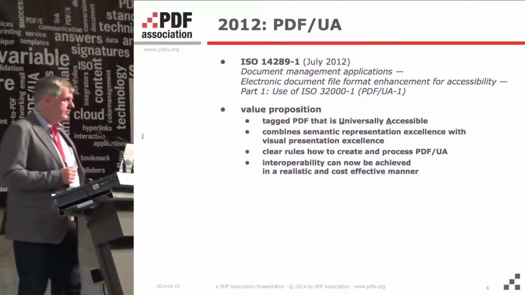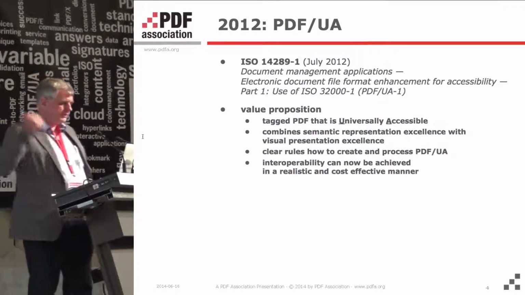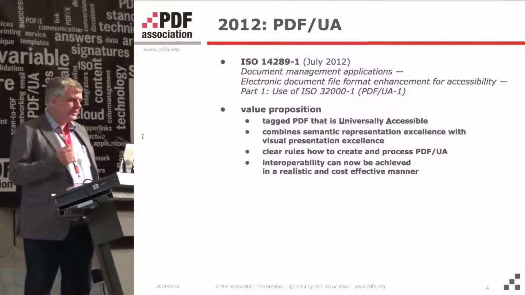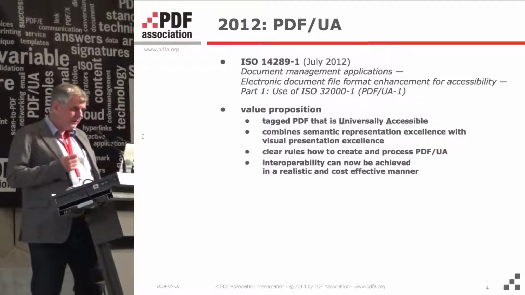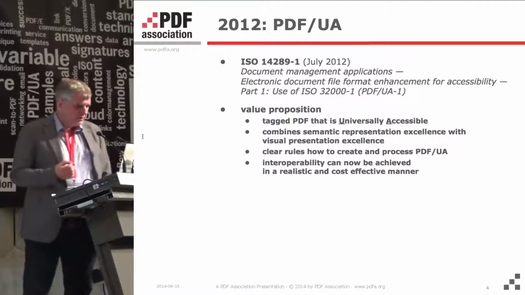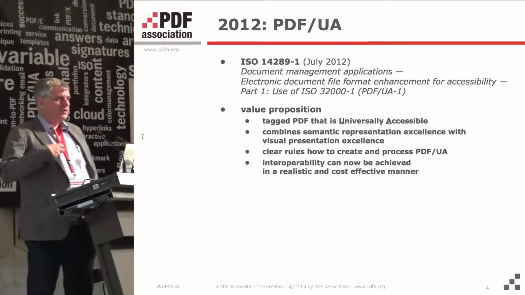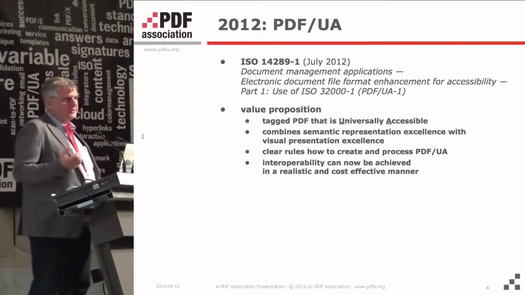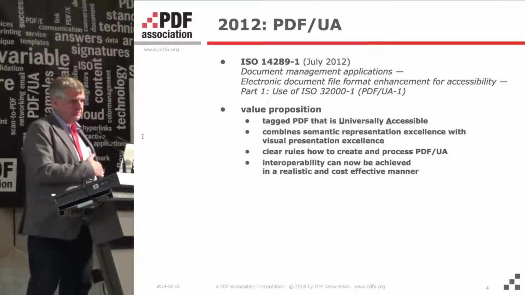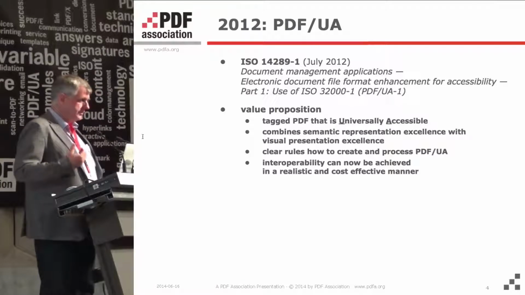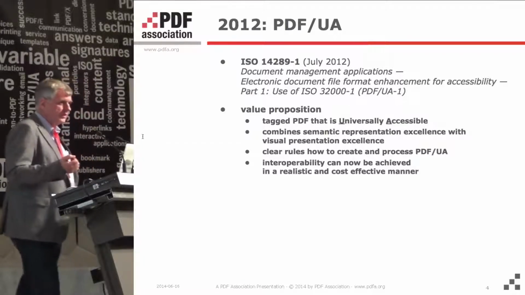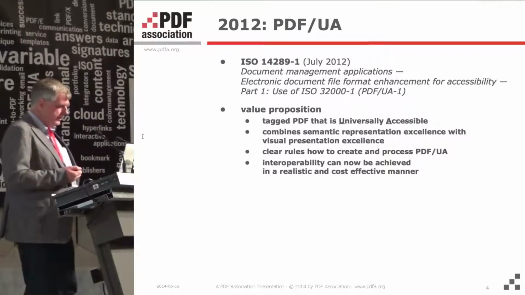So it came out in July 2012. You can read the full name of the standard on the slide. And the goal of PDF/UA was to turn tagged PDF into something that's universally accessible in all directions. It clearly has accessibility in mind, accessibility for people with disabilities, but it's useful in many other directions.